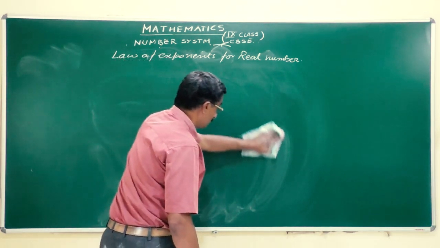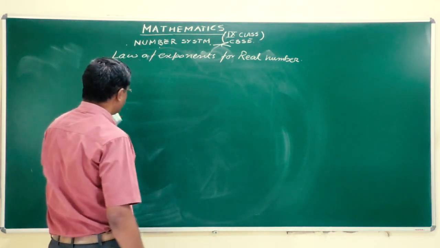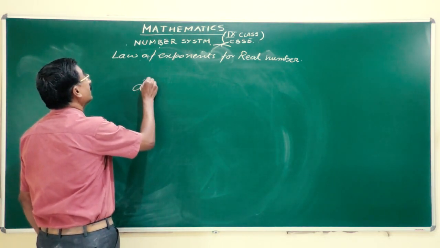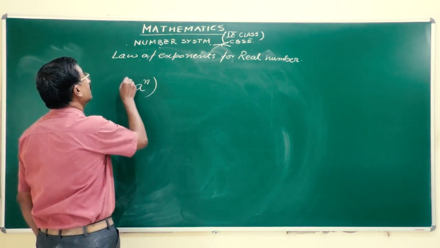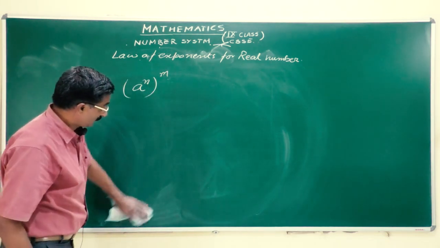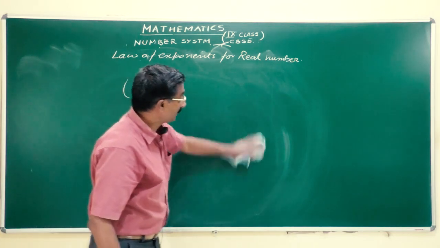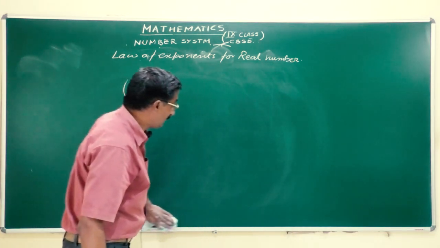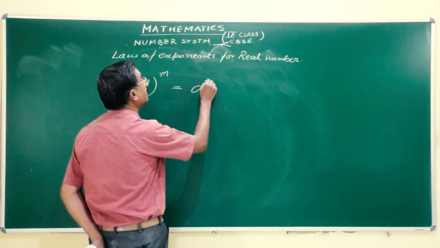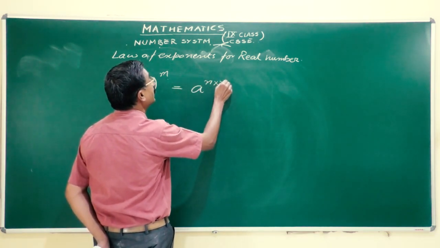The second one: a raised to the power m, all raised to the power n. Clear? So I am writing the identity, then I will explain it. This is equal to a raised to the power n into m.